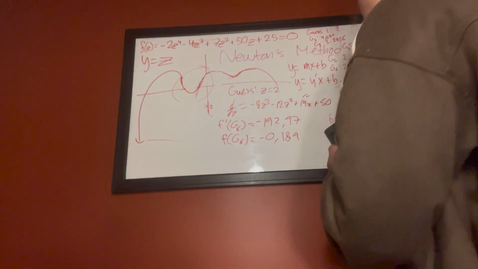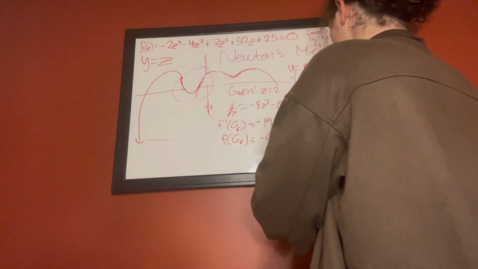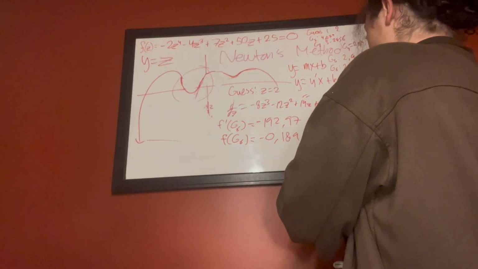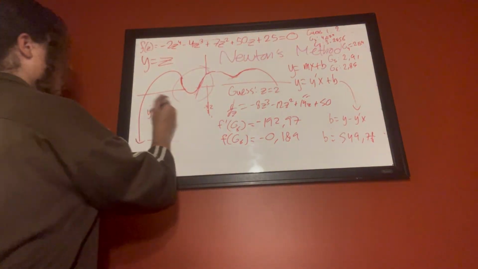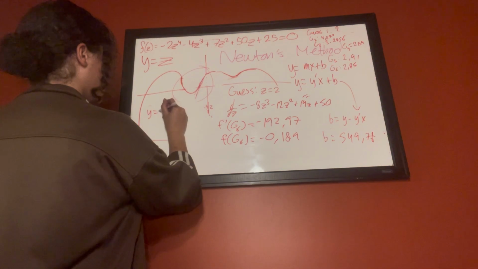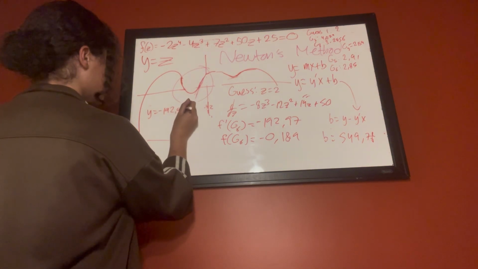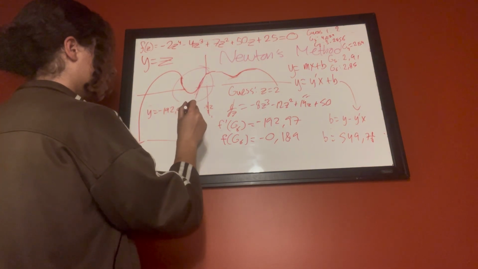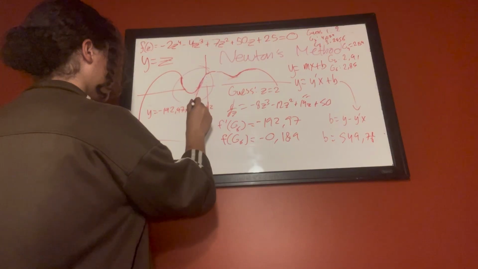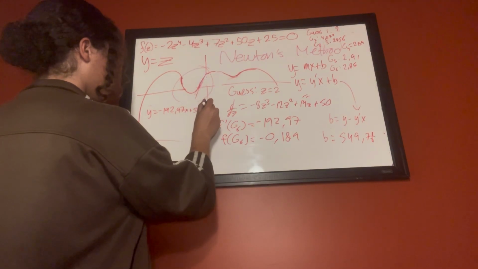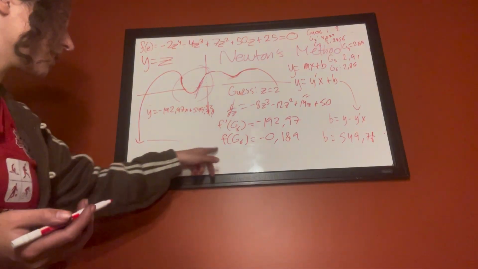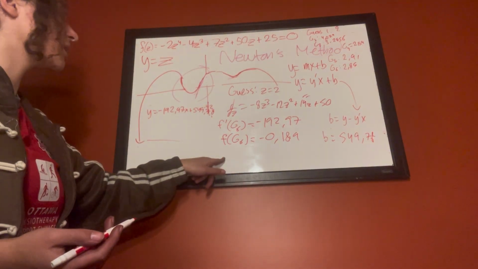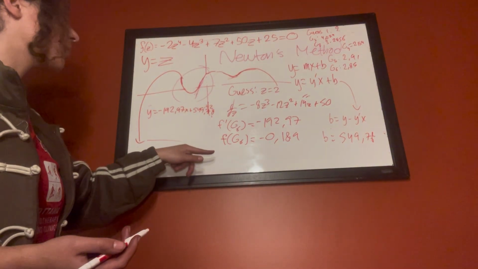So I have that b is equal to 549.78. And so I have y is equal to m, so minus 192.97x plus b, so plus 549.78.